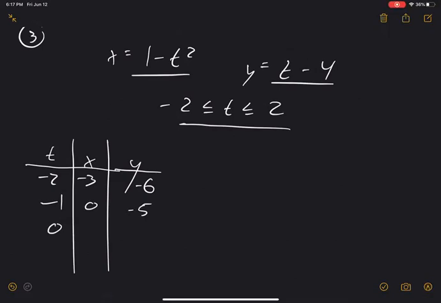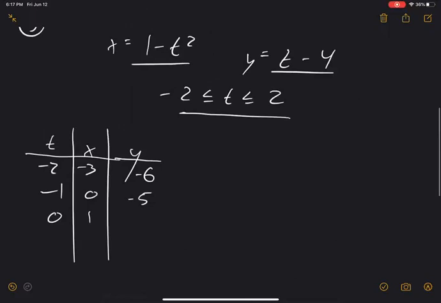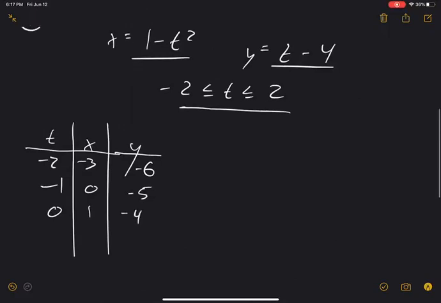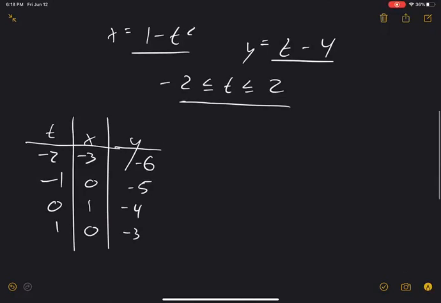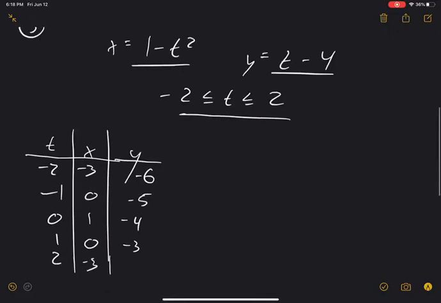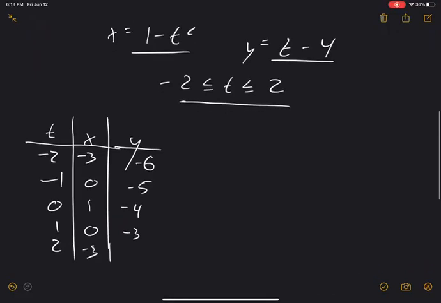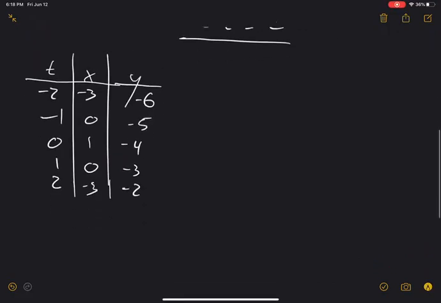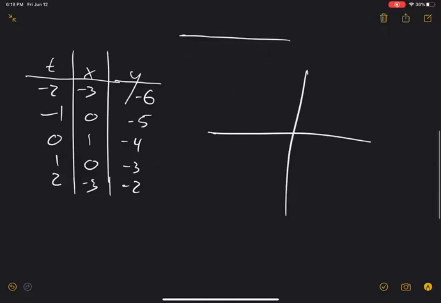When t is 0, I get 1 and -4. So I get this table of values, and then I just graph the values and basically connect the dots.